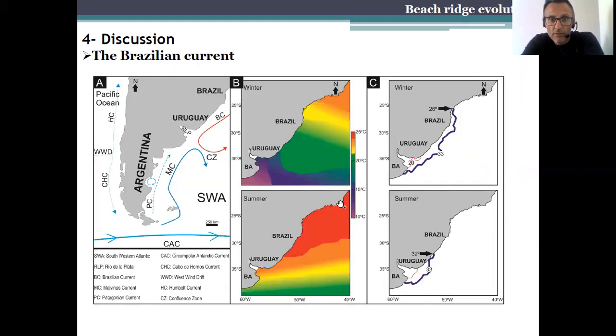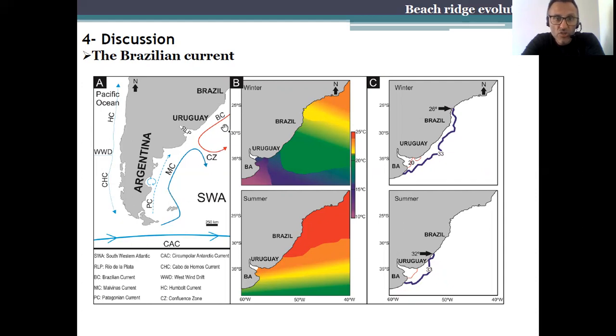We have discussed the temperature and the salinity, but what influences all of this? The main controlling factor is the system of oceanic currents. The Brazilian current is warm and flows south. The Malvinas current is cold and flows north. And this is the confluence zone.